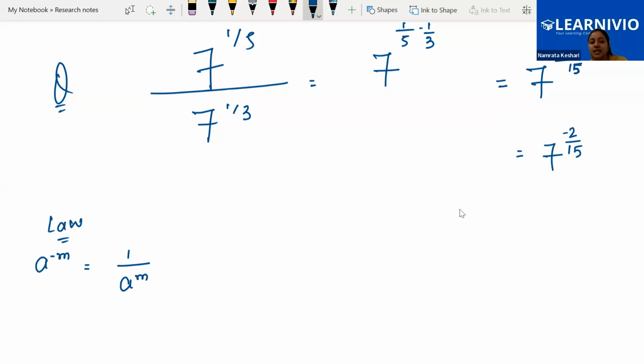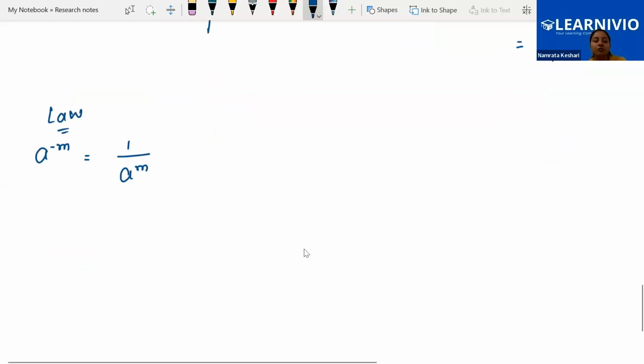This law says that whenever we are switching the place of any number or variable, that means if the term is sitting in the numerator, we are writing it in the denominator, or if it is sitting in the denominator, we are writing it in the numerator, then at the same time the exponent will reverse its sign.